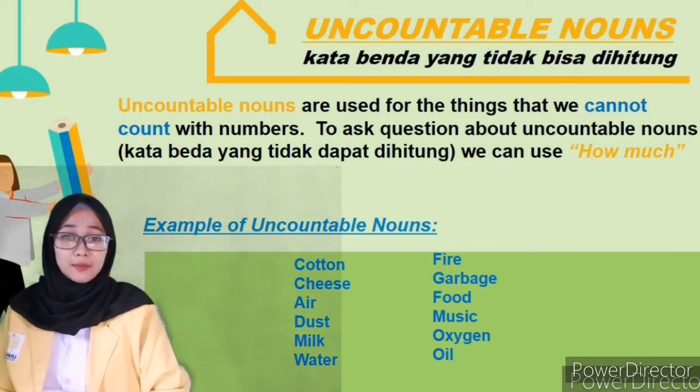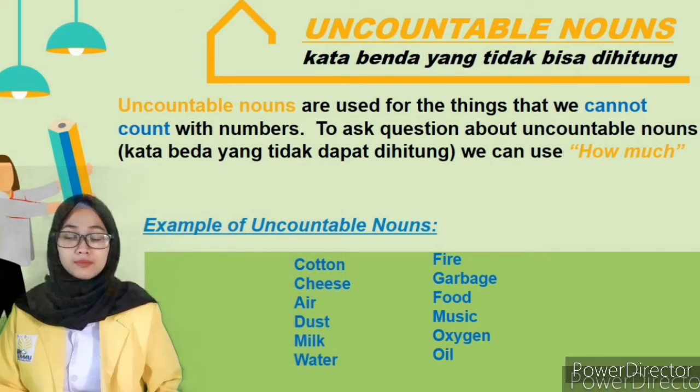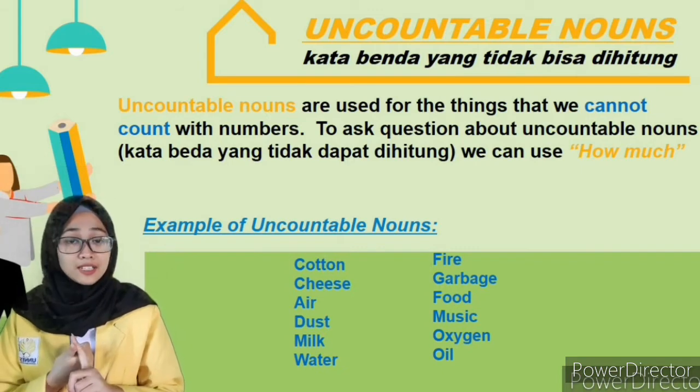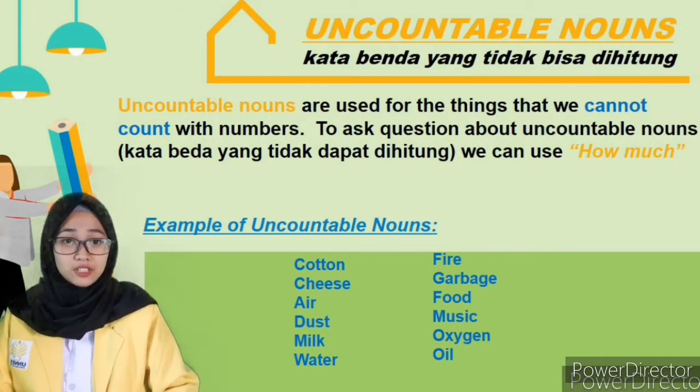Karena jumlahnya tidak bisa dihitung sehingga kita harus menggunakan much. And these are the examples of uncountable nouns. We can see there are water, oil, air, dust, cheese, food, music, garbage, fire, and etc.